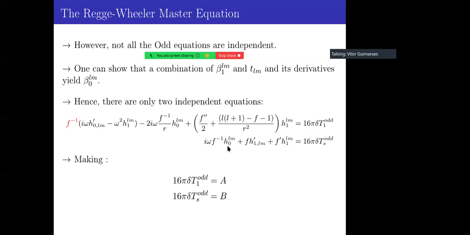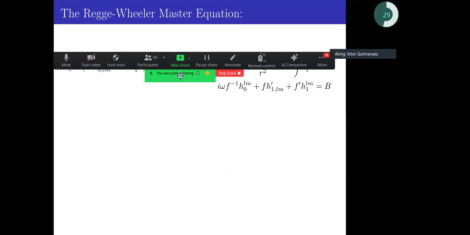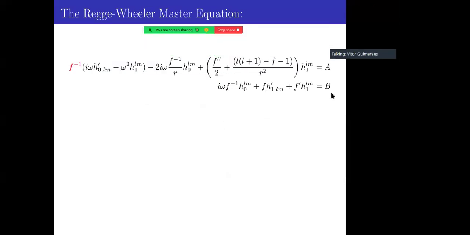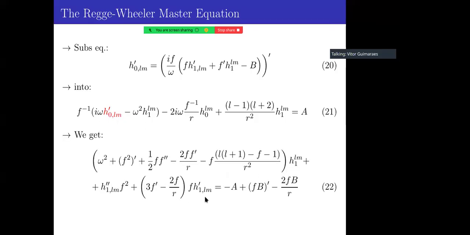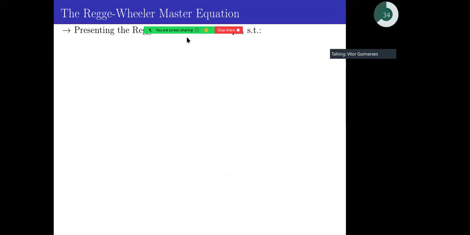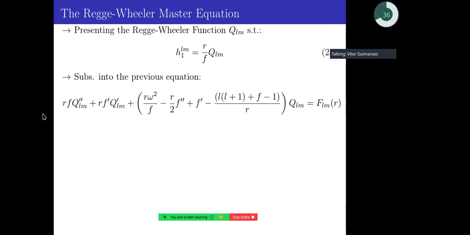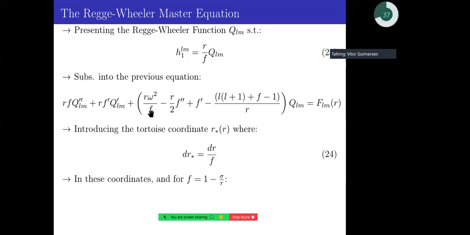And then by doing some relabeling of the source and substituting equations and so on, we ended up with an equation that only depended on H1 and its derivatives, right? And by presenting the Regge-Wheeler function, we came up with a much friendlier equation, but to really see this as a Schrodinger-like equation, we put it in another coordinate system, right?